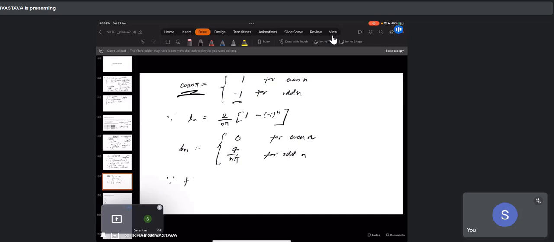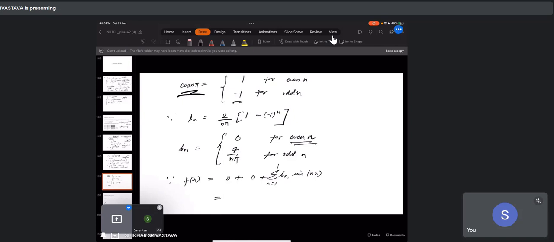So your f(x) is nothing but: a naught is 0, and all the an coefficients are also 0. So only bn sine of nx is left. And you also know that for even n it will be 0, so only odd terms will come.